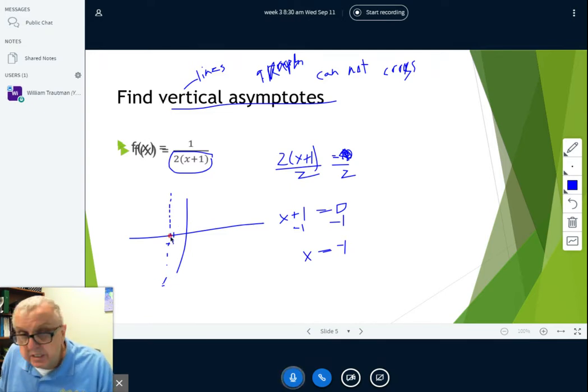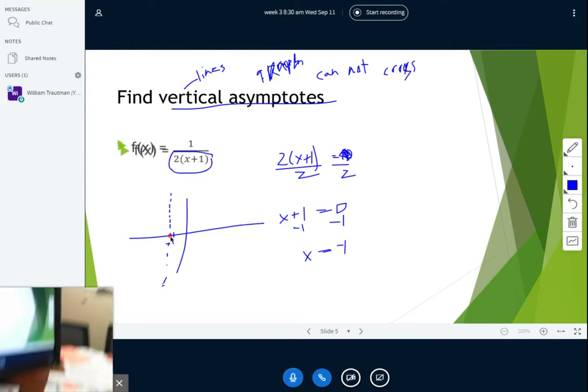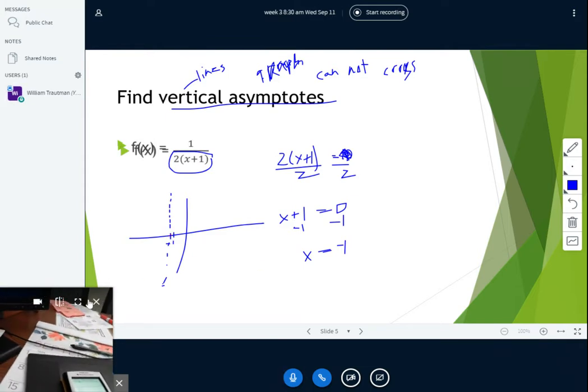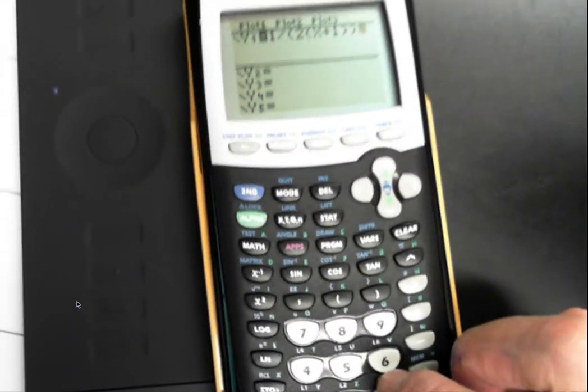So I'm putting this graph on my calculator. 1 divided by 2, x plus 1. So I'm putting that function in my calculator.